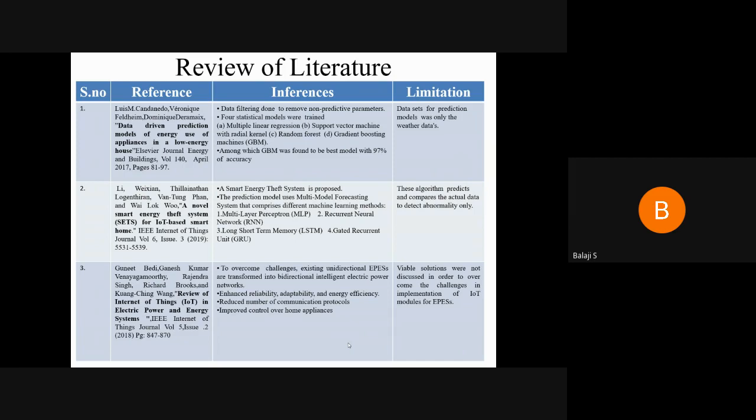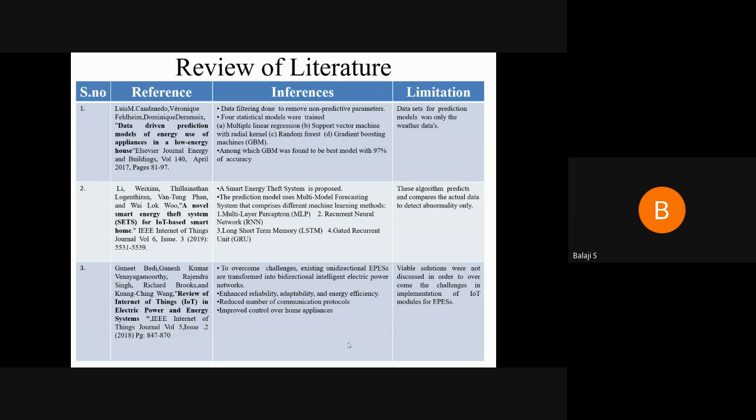There is a limitation in it. These algorithms predict and compare with actual data just for detecting abnormality in the energy consumption, and prediction was not implemented here.